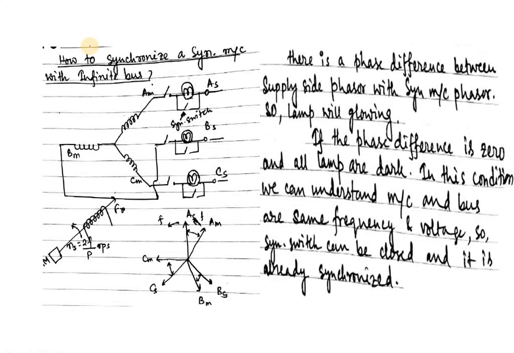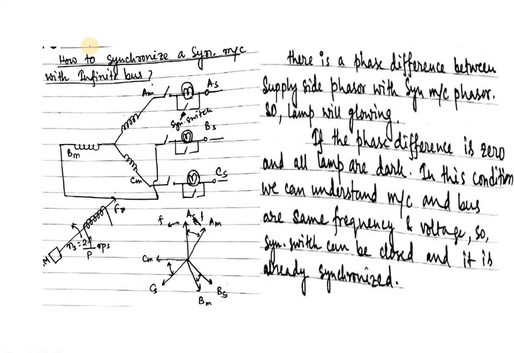Now the question comes, how can we synchronize a synchronous machine with an infinite bus? Before going to that, the question comes to our mind why this is very important.